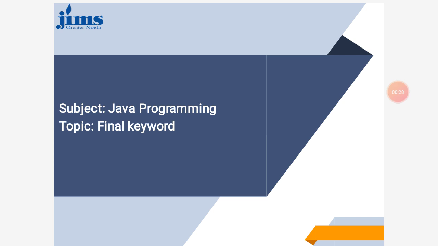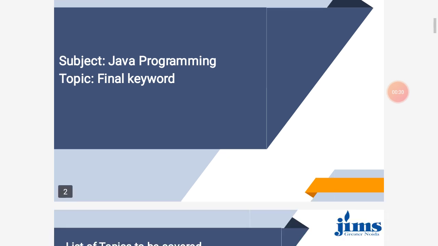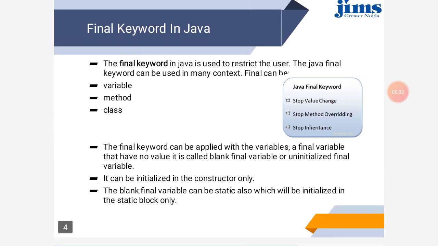It is very important. Where we can use it and how we benefit from it: the final keyword in Java is used to restrict the user. The Java final keyword can be used in many contexts.